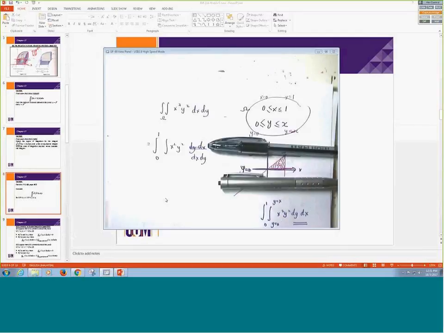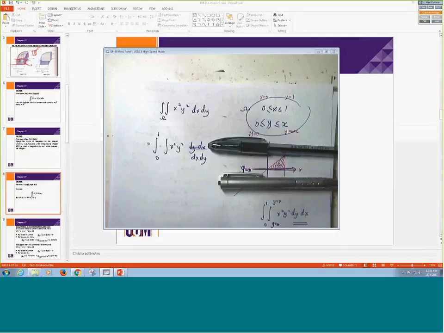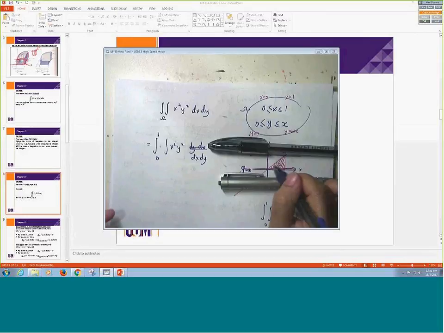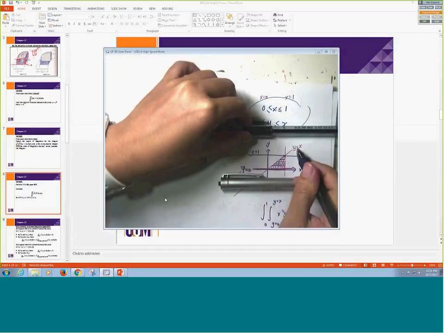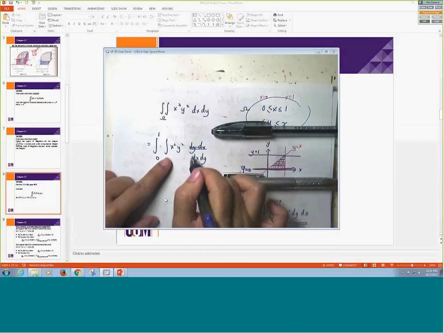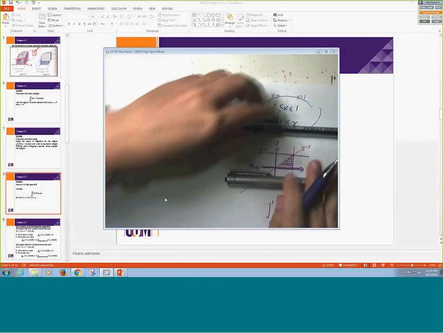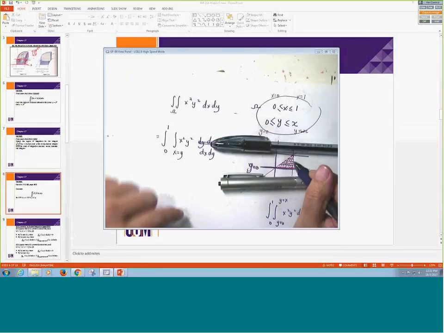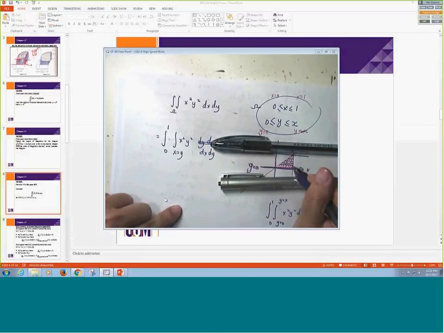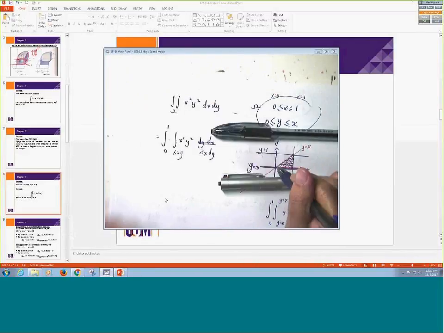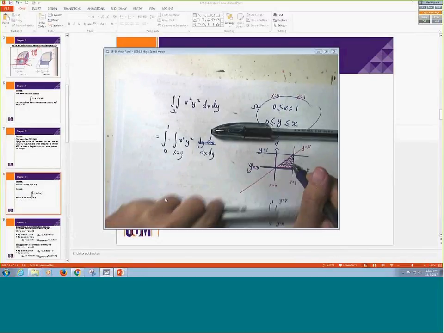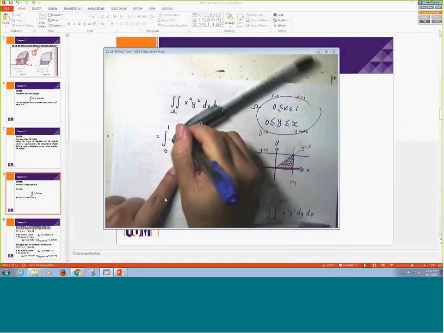What is x? We look at the region horizontally because it's type 2. The entry point will be the lower limit. The entry point is on y equals x, which means we need to write x equals y, the same. The next one will be this line, which is x equals 1.